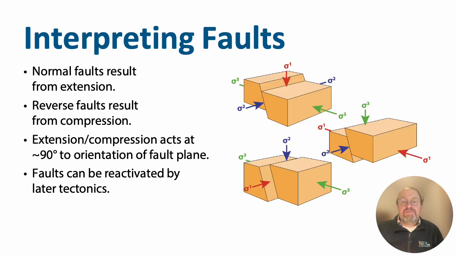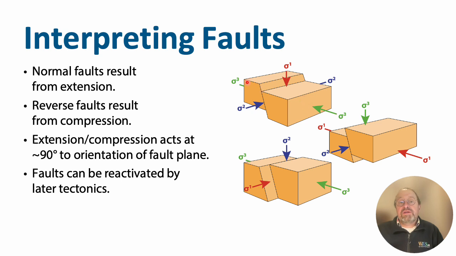So once you've identified what sort of a fault it is, you can also, just like we did with the folds, say something about the strain and stresses in the rock, right? The sort of stresses that have caused the faulting in the first place. So in a normal fault, which is an extensional fault, this means that the weakest, the lowest stress, sigma 3, is perpendicular to the fault, essentially horizontal.